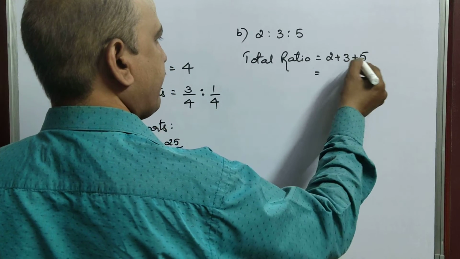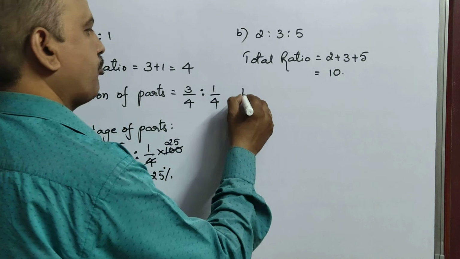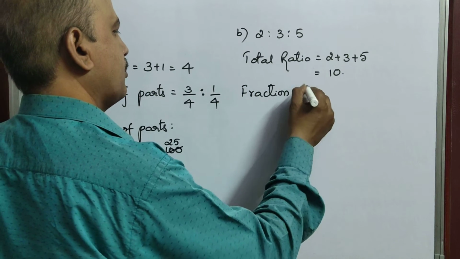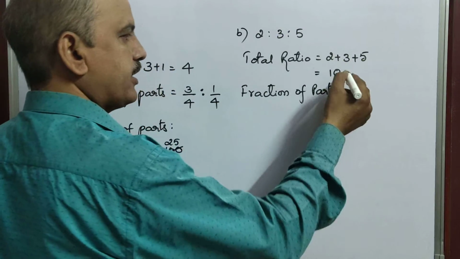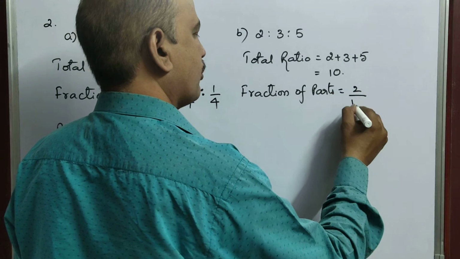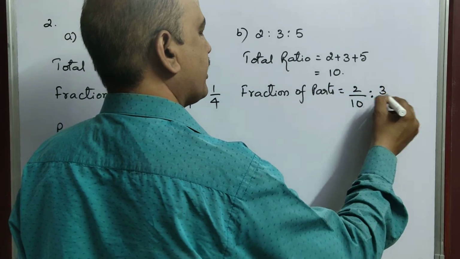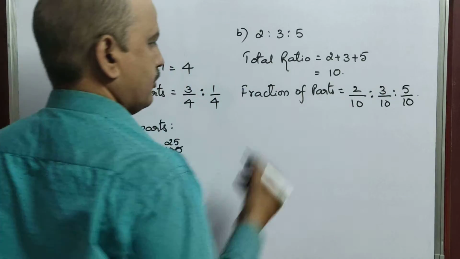That is 2 plus 3 is 5, 5 plus 5 is 10. Okay, again same as this. Fraction of parts equals 2 by 10, means out of 10 parts it is 2. So 2 by 10 is to 3 by 10 is to 5 by 10.